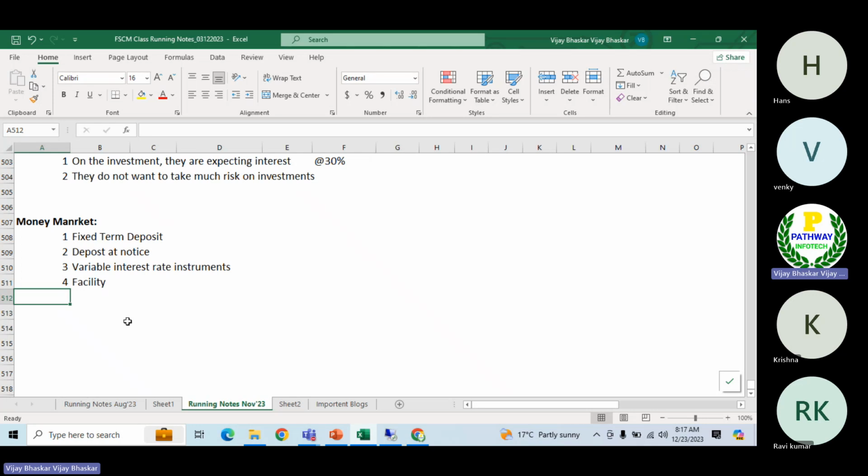The concept of facility is that we utilize the credit limit which the financial institutions offer. Let's say the overdraft facility. The bank has offered an OD limit for us. Now, how much have we utilized from that? Based on that, we must repay that interest. It depends on the scenario, which we are going to see.